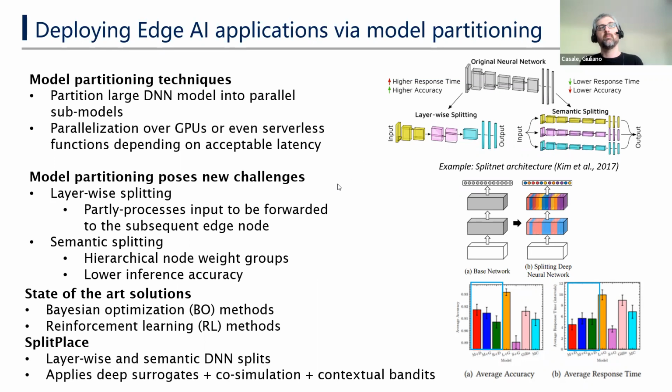And so in our work, we have shown that using scheduling based on co-simulation, it is possible to come up with a scheduling system, which we call split place, that applies surrogates, co-simulation and also contextual bandits to reason on service level agreements in order to dynamically choose between these two splitting styles and therefore help the scheduling of tasks for this kind of applications.